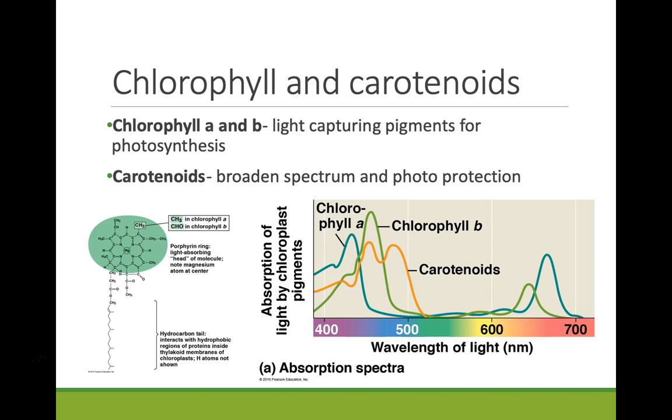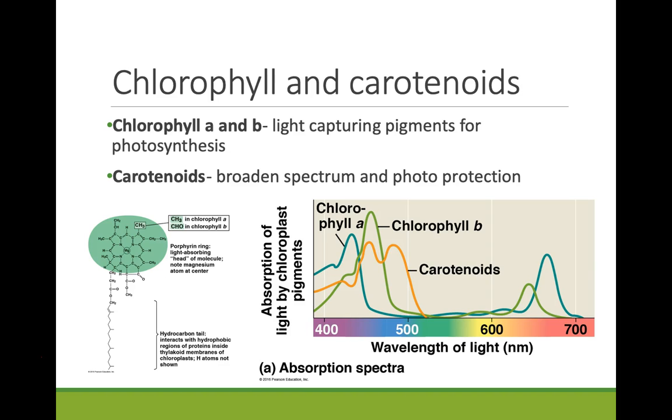On the left there we have our chlorophyll pigment, and the only difference between A and B is just one change in the little functional group. And you can see it has a hydrophobic tail, so that it can be stuck into the thylakoid membrane of those chloroplasts.